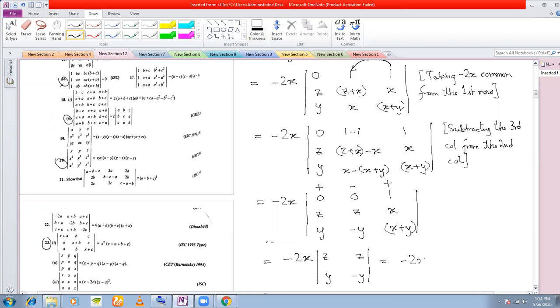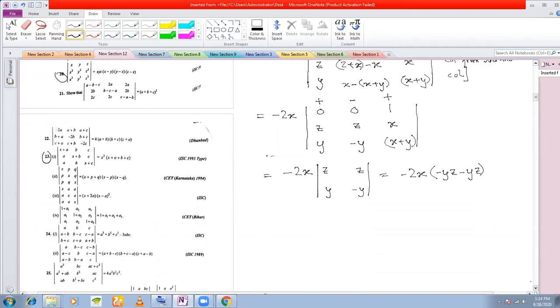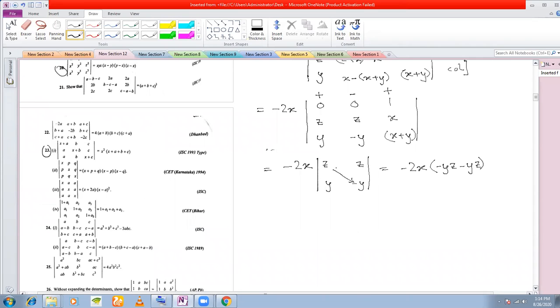Minus 2x into minus yz minus yz, that is minus 2x into minus 2yz, which is equal to 4xyz, which is equal to RHS. Clear?